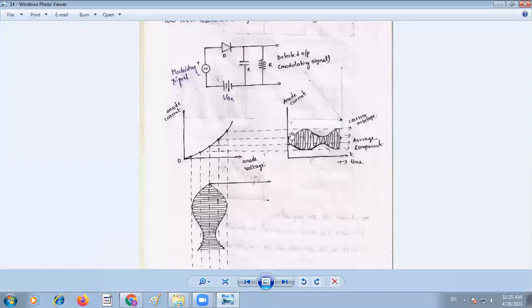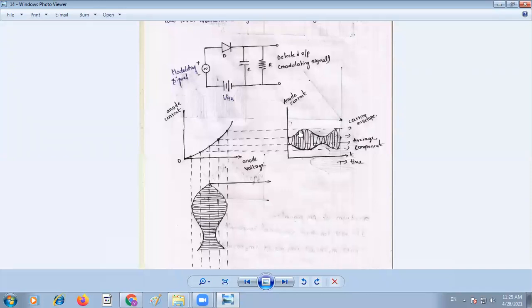So how does it come across? By using the peaks of the carrier voltage, this signal is generated. Only the positive peaks are referred to here and the negative peaks are assumed.